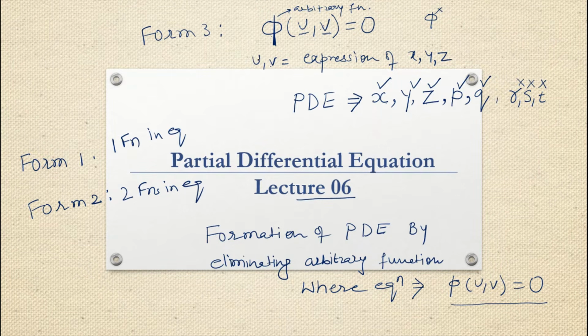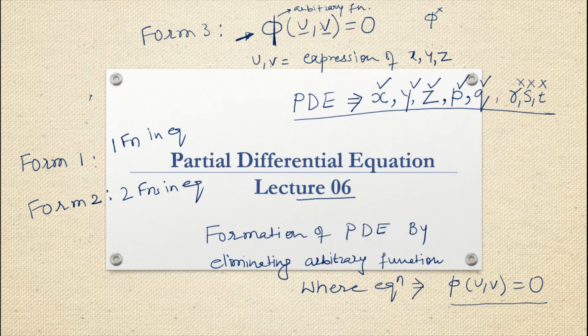If you have seen the previous classes, only then will you understand what we are talking about here. Form 3 will not contain r, s, t. The reason is that in this form only one arbitrary function is present. If I have only one arbitrary function, I only need the first order partial derivatives.